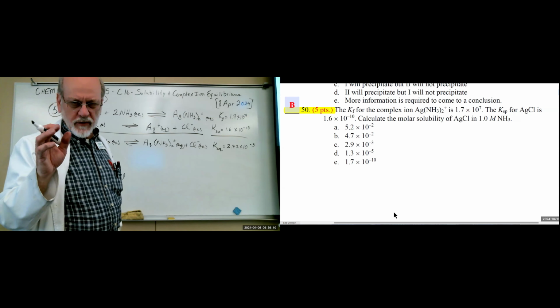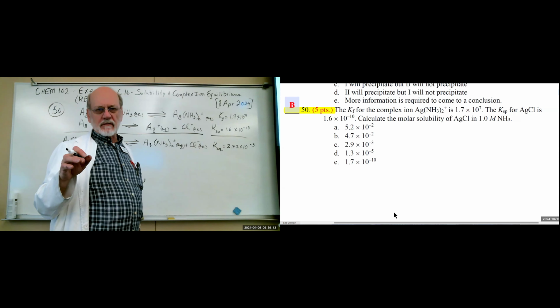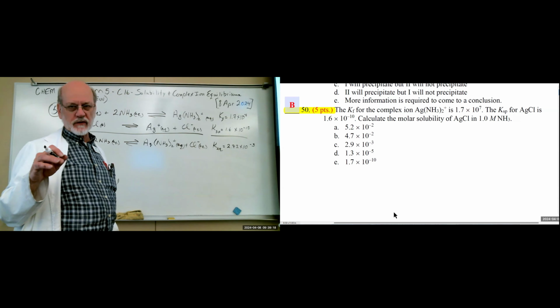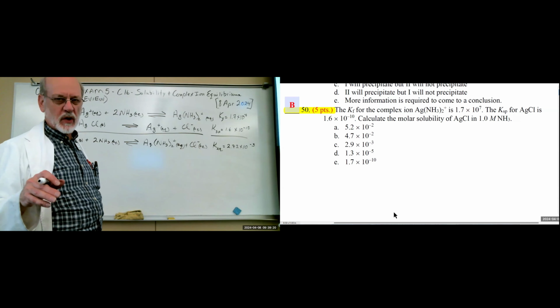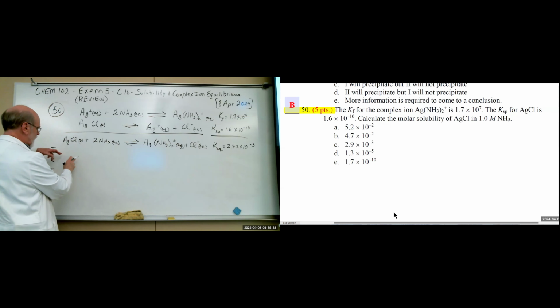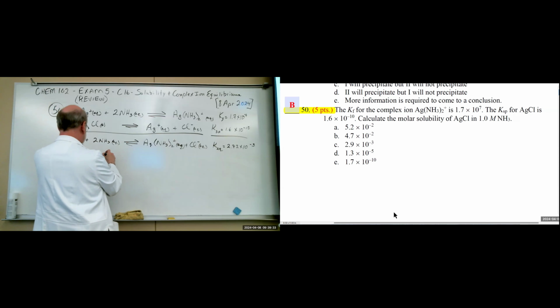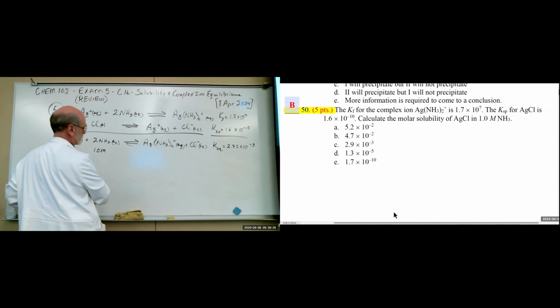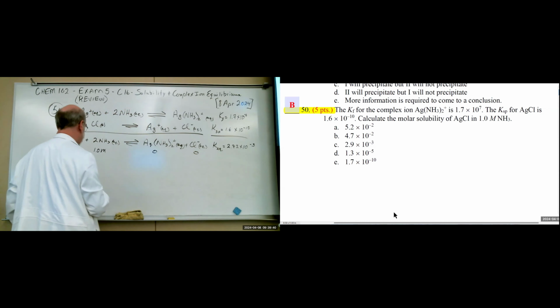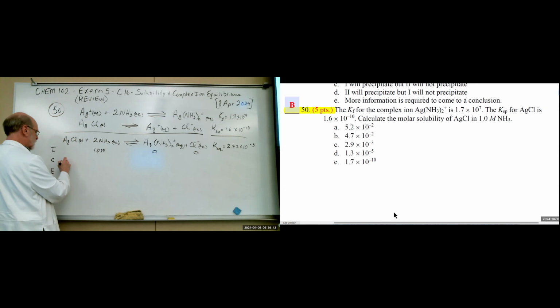Now, what are the other values given to us? Right, we have molar solubility of silver chloride in 1 molar ammonia. Okay, so we can set up an ice table. The molar solubility now is going to be a value here, right? Initially, you've got 1 molar here, and you've got nothing here, and you've got nothing there. So the solubility is going to be in terms of, we're going to lose one of these.